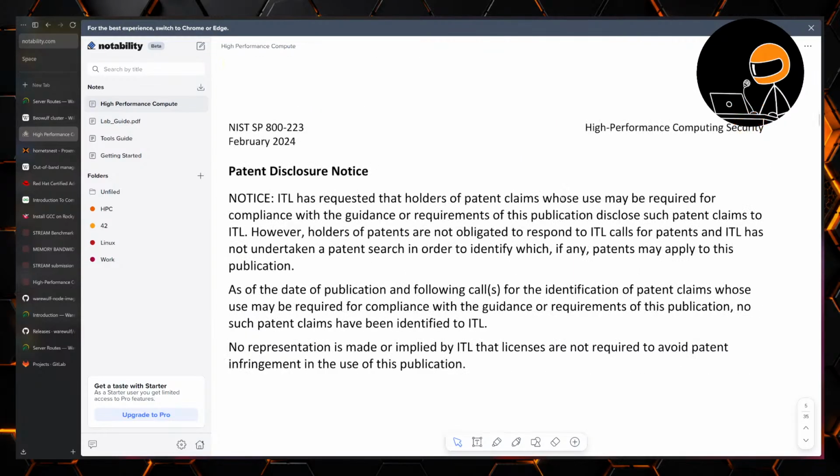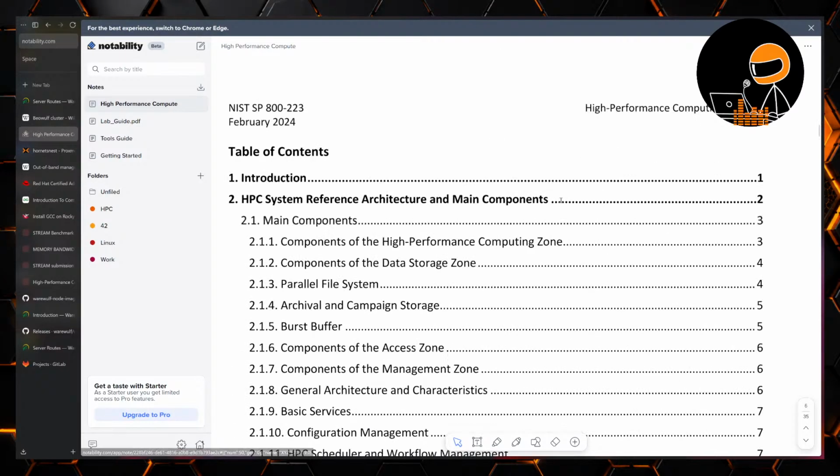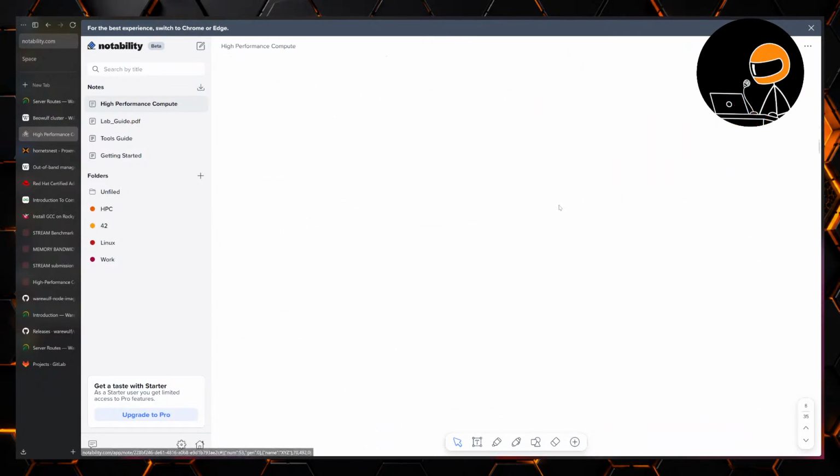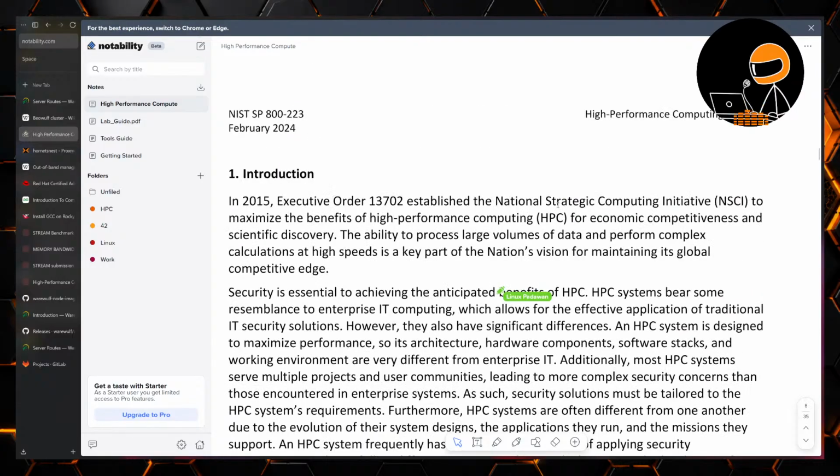All right, made my notes. Now I'm on the introduction portion of this.